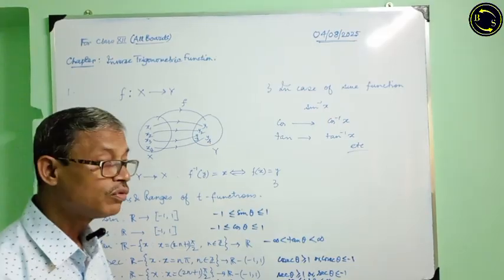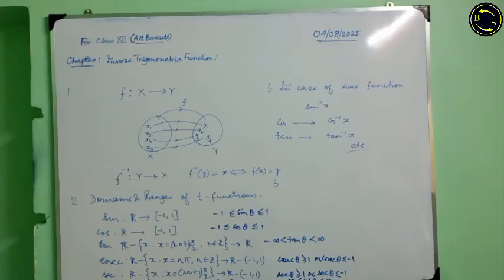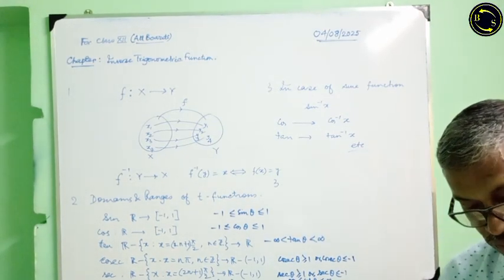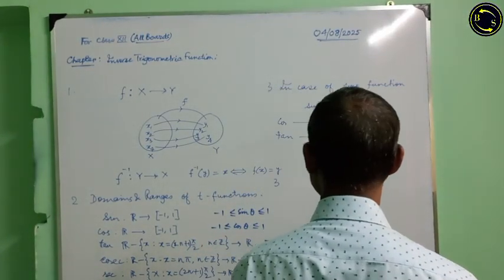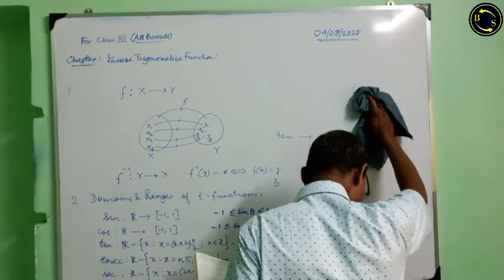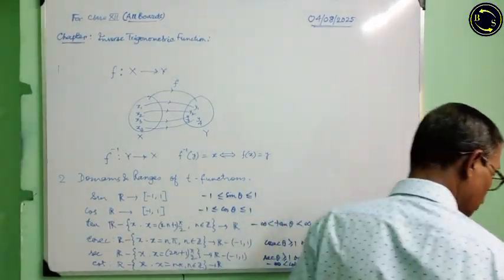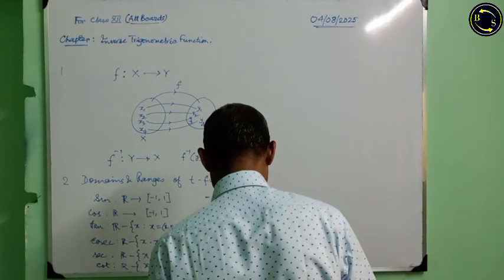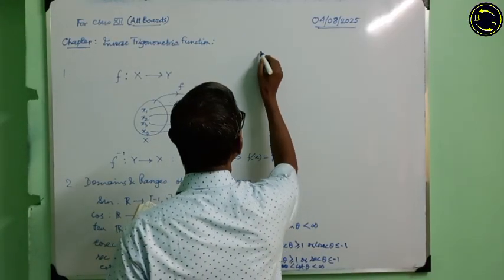Now I am going to make the chart for the trigonometric inverse functions. This will be number 4 actually.